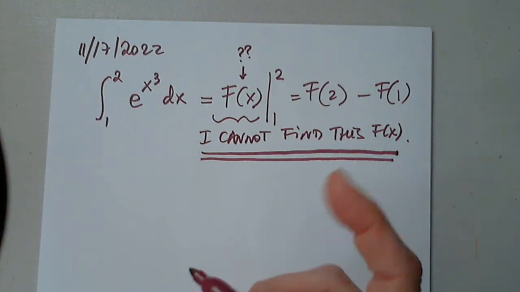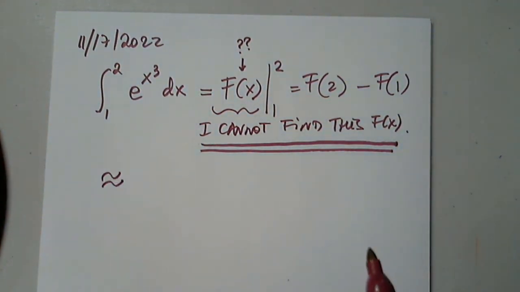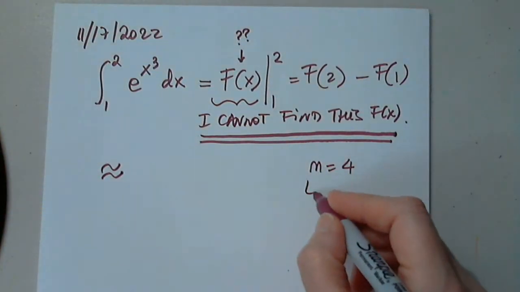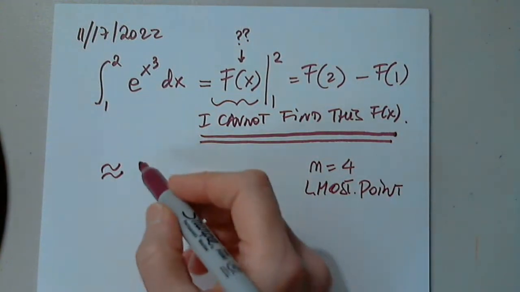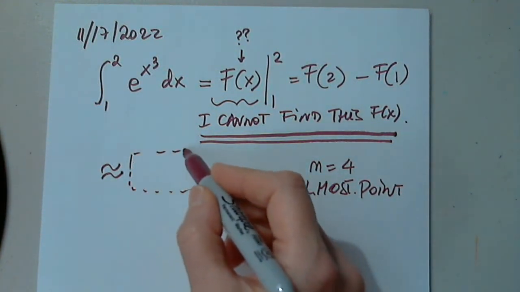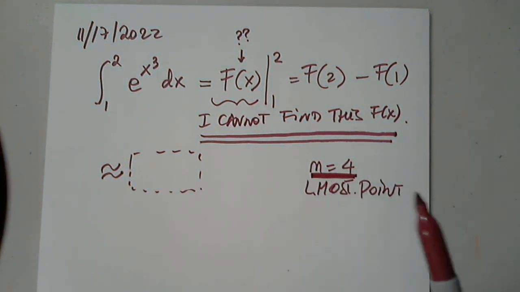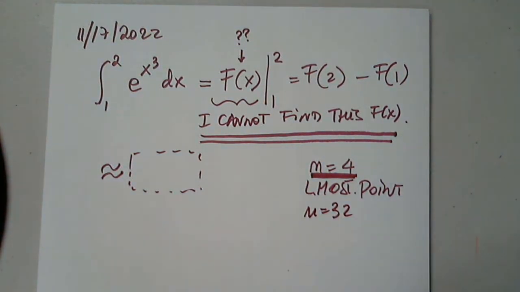So I can still approximate it. Let's say approximated with 4 subintervals and the leftmost point. I can still get an approximation. It will be a rough approximation because I'm only using 4 subintervals. If I could use, let's say, 32 subintervals, it would be better.